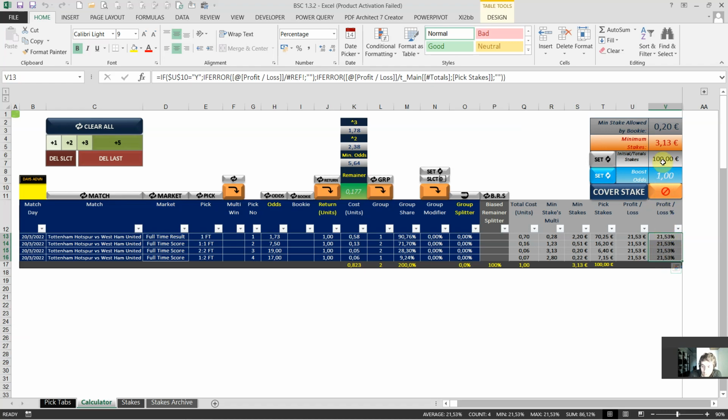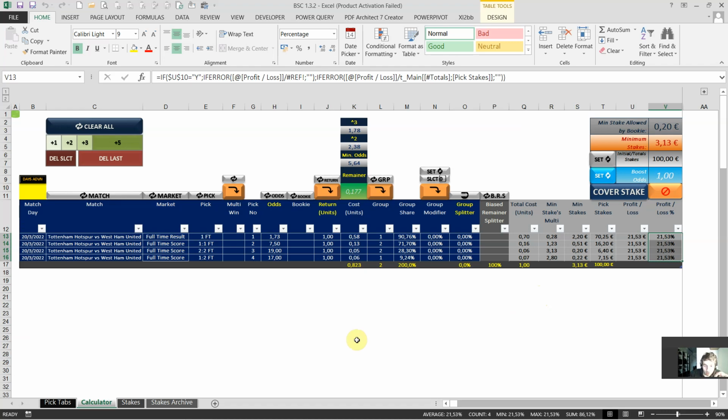Based on 100 units of total stakes, I would get my 100 units back plus a profit of 21 units as my gains.